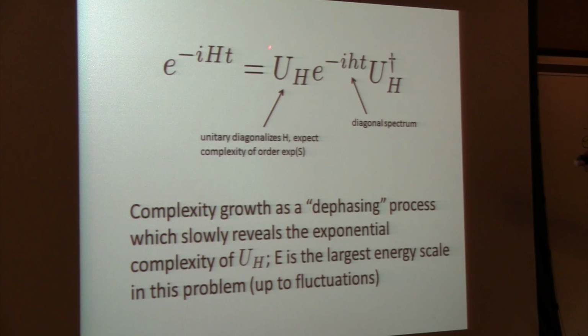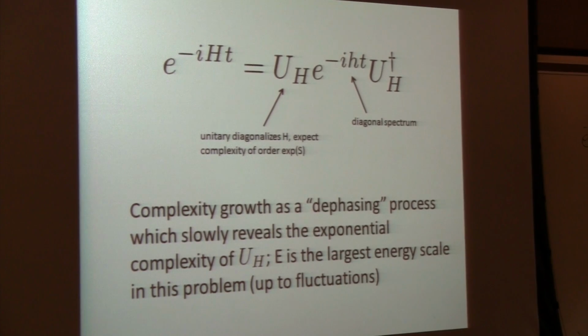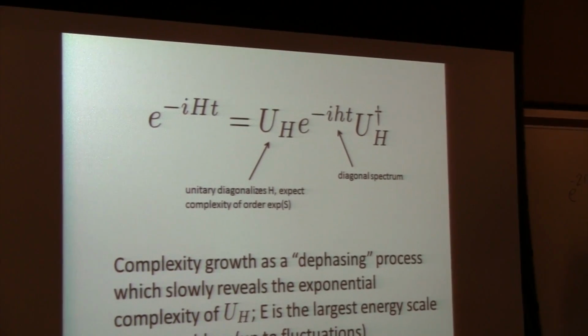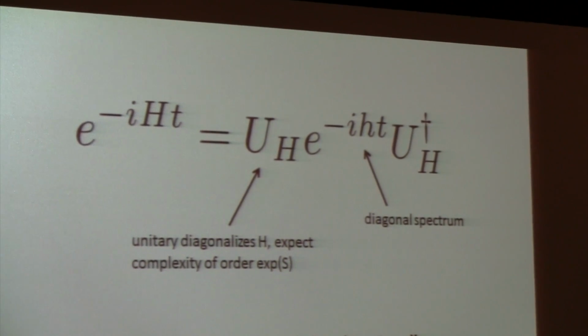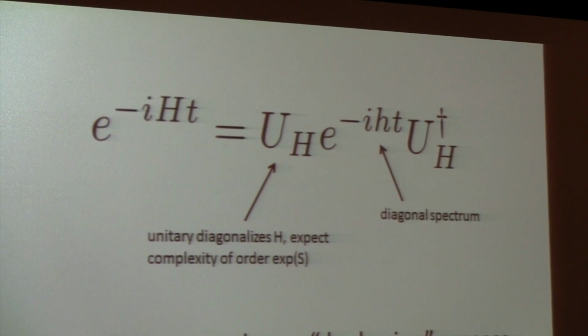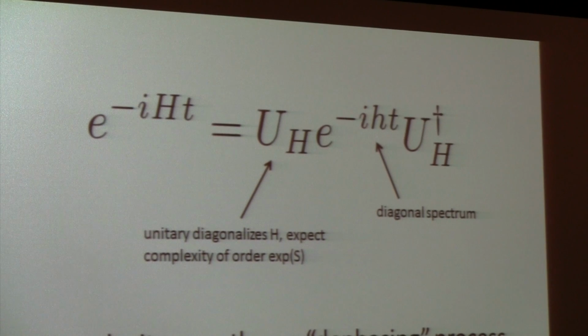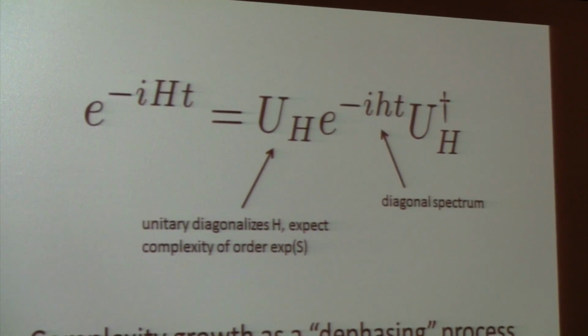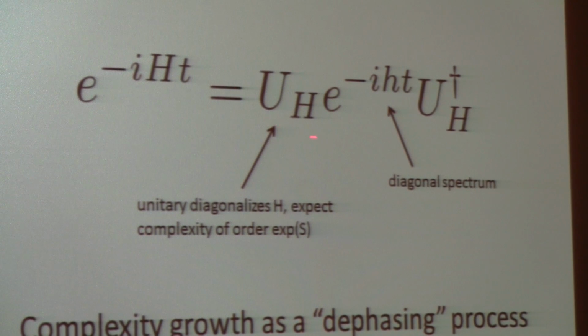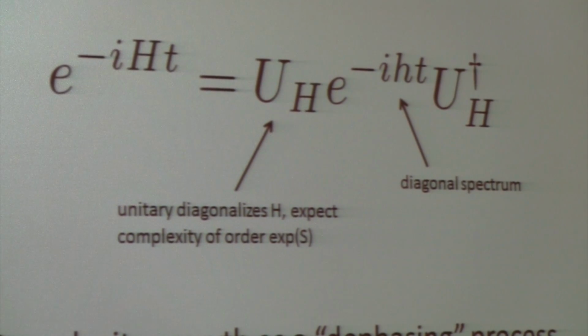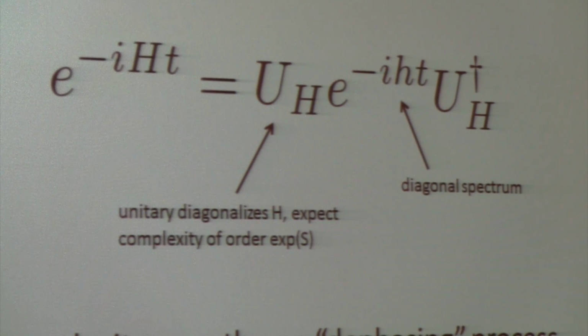And this big beast here should be a very, very complicated unitary transformation because it maps from the local basis to the energy eigenbasis. And you can imagine, the level spacing in your system is order, maybe e to the minus entropy. So I could prepare this unitary transformation by adiabatically evolving over a time of order e to the entropy. That might be enough to go slower than all the level spacings.